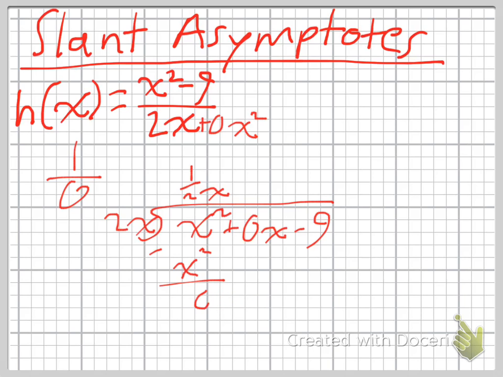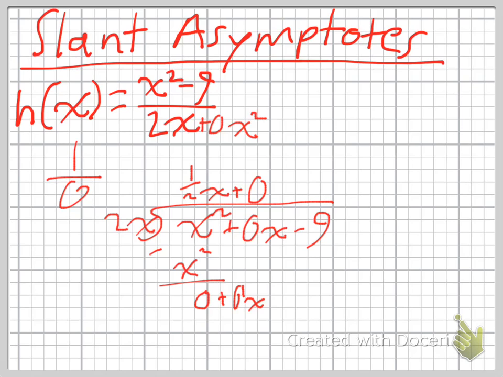Basically we have 0 plus 0x, and we're trying to figure out what will get us that 0 term. So plus 0, and at this point it's already divided out. And that's your slant asymptote.